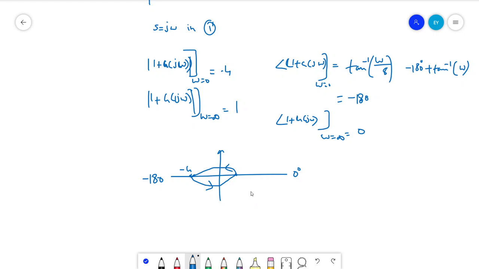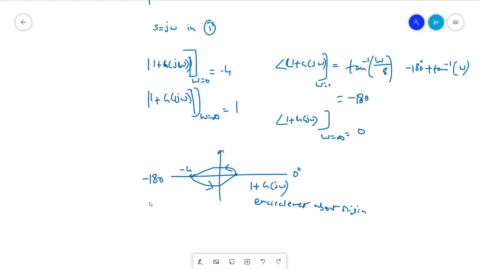So this is one encirclement of 1 plus g of j omega about the origin. See, if you are considering 1 plus g of j omega, you have to consider the origin.